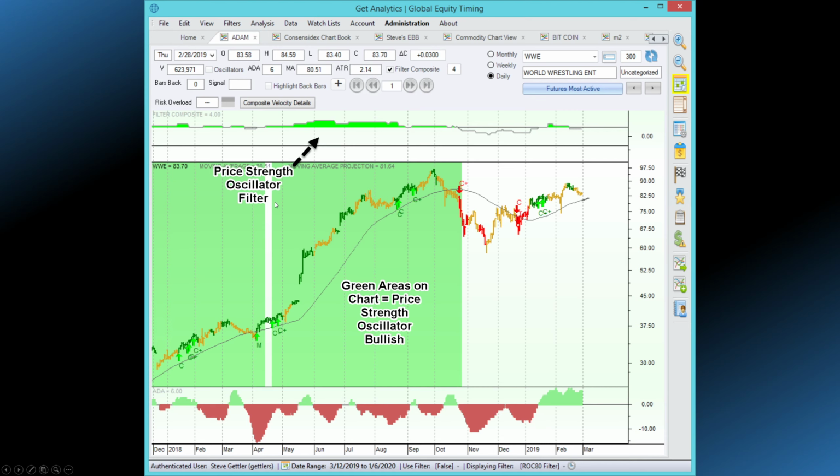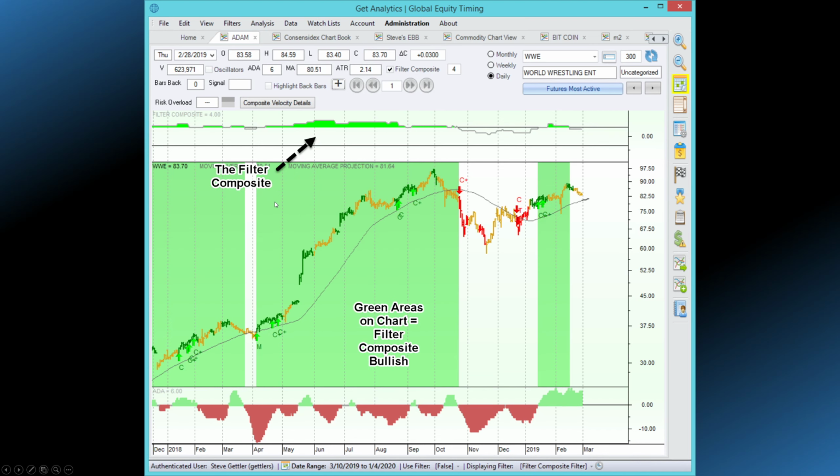Let's go on and look at one more filter, and this is really the filter of filters, the filter composite. This says that when a certain percentage of the filters are positive, we move into the green zone. Notice, let's take this signal down here that we saw before that led to this huge move up.